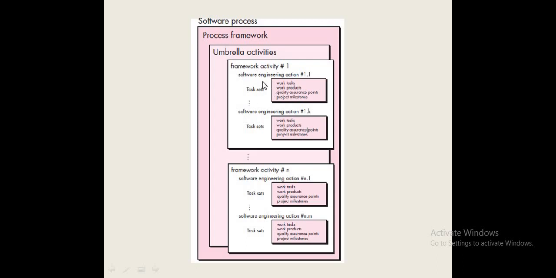Inside this we have software engineering action number 1, and a framework activity may include a different number of actions, say k actions, and each action will be made of task sets. Task sets contain workloads. That means what tasks are to be performed, what products are produced from these tasks, and there will be some quality assurance points and project milestones to be covered within a phase. So this is the arrangement of a software process.